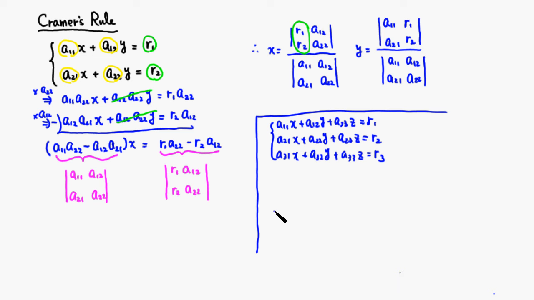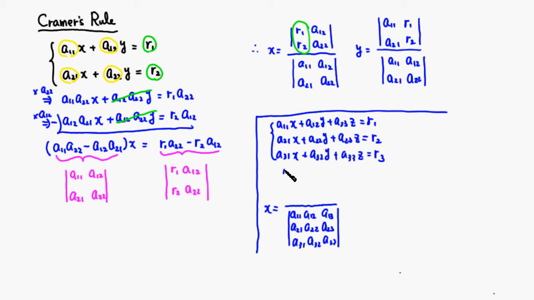Then, by Cramer's rule, we know that x can be found as follows. The denominator is always the same thing. You just write down the coefficient matrix and take the determinant of that, with a21, a22, a23, a31, a32, a33.